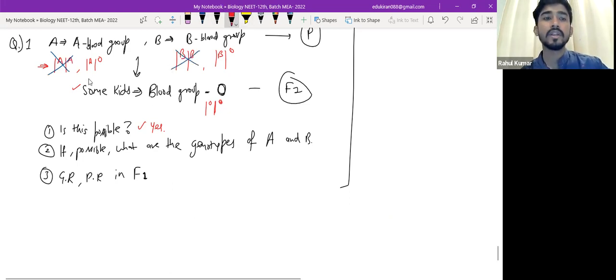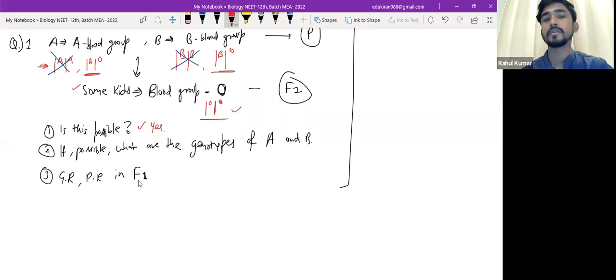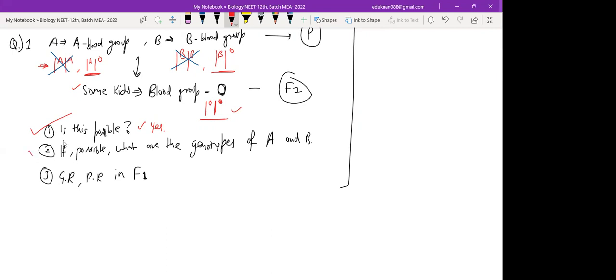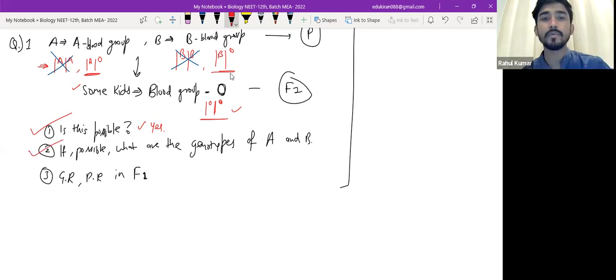So what could be the only possible genotype of the parents? IA IO and IB IO. Then only some kids can get O from here and O from here and become IO IO, right? So yes, this is possible. Everyone understood the first part? Say yes or no. Second part is also solved, right? If possible, this is the only possibility, right?